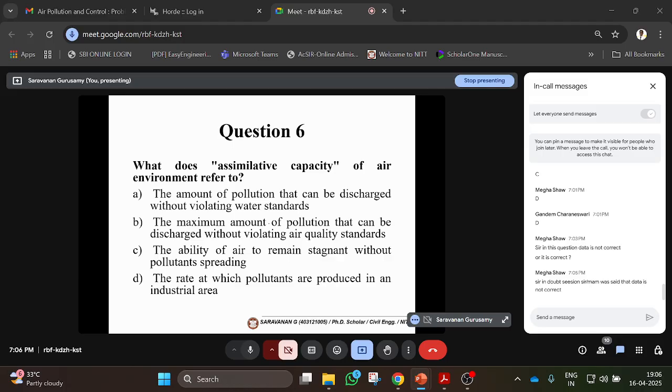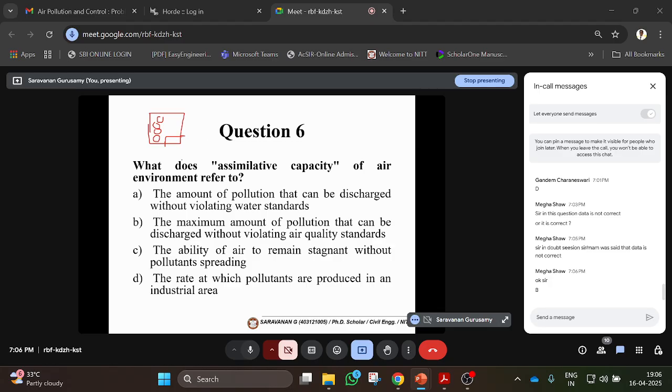Sixth question: what does assimilation capacity of the air environment refer to? So assimilation capacity. Say we have an area. Trichy is a city and I already have 100 industries emitting. If one more industry is going to come, they are asking me for approval as the state or central pollution control board, based on the capacity of the industry or capacity of production.